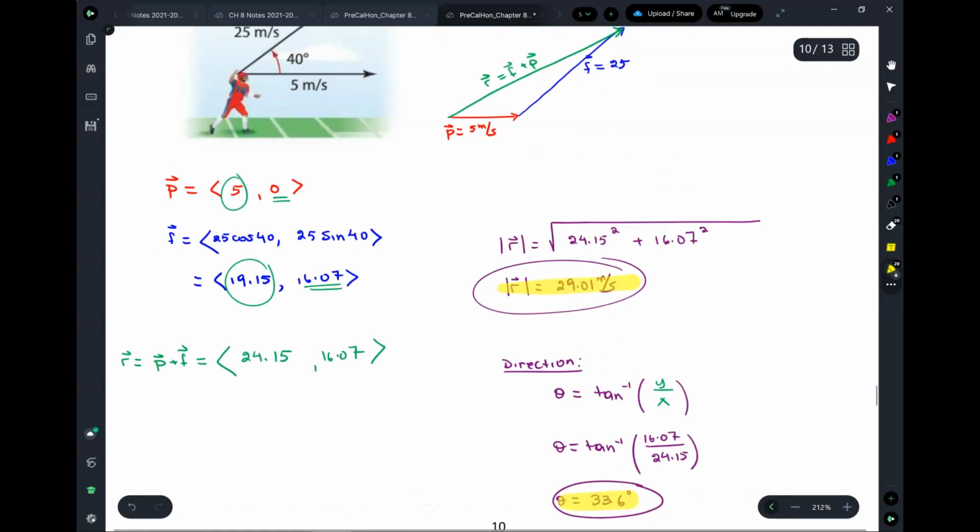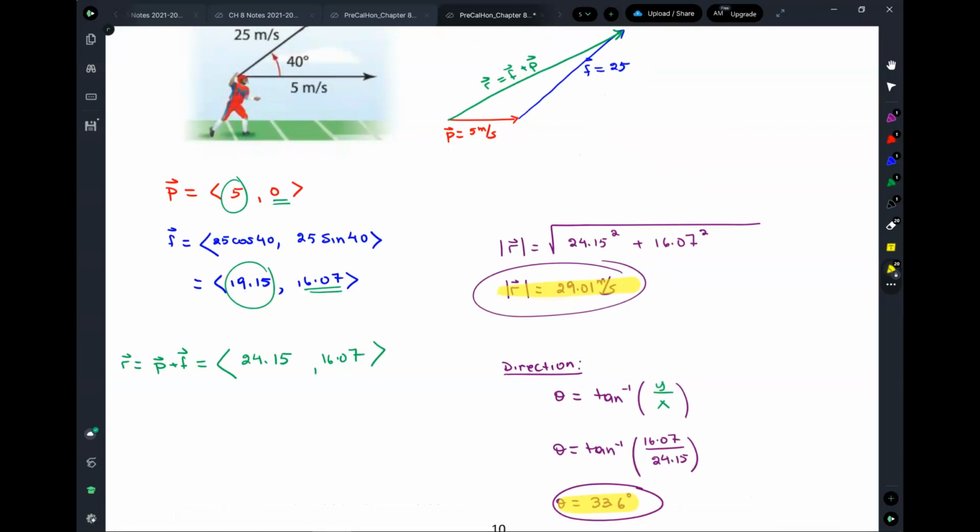So if we go back here, he was running at 5 meters per second. He threw the ball at 25 meters per second. So if with a radar gun you measured the speed of the ball, it would measure 29 meters per second. Even though he threw it at 25, because he was running when he threw it, it's going faster, at 29.